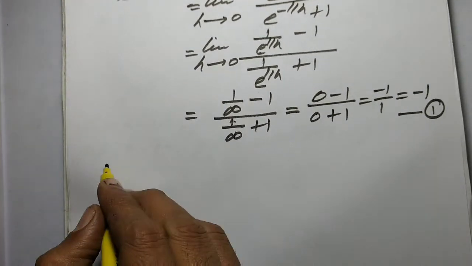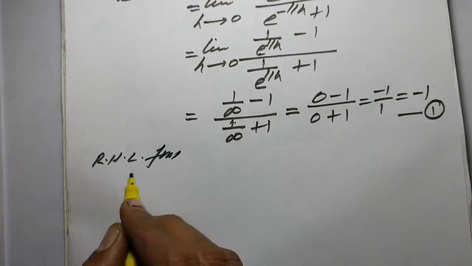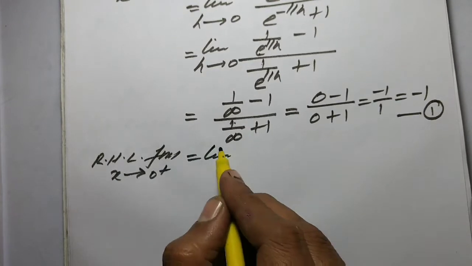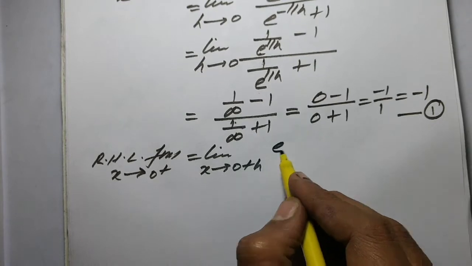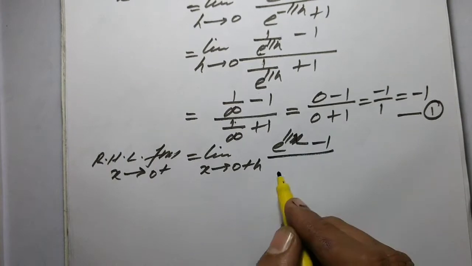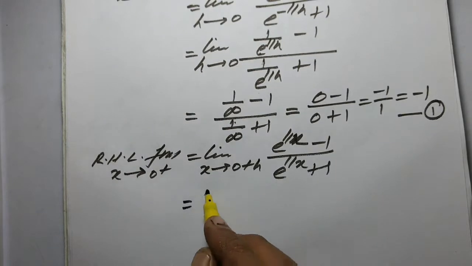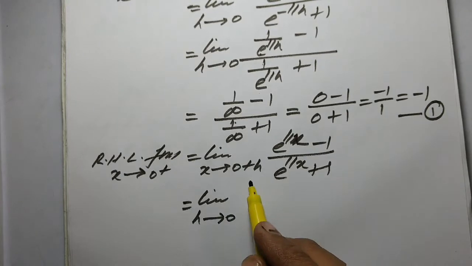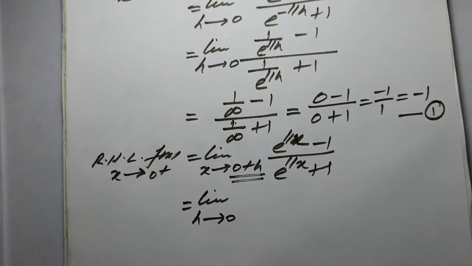Now let us take right hand limit. Right hand limit of f(x) when x tends to 0 positive is equal to limit x tends to 0 plus h. The function is e^(1/x) − 1 upon e^(1/x) + 1. Next step, the transformation of limit h tends to 0, and in this step we replace x by this binomial, that is 0 plus h, that is only h.